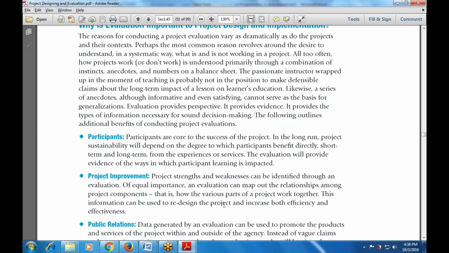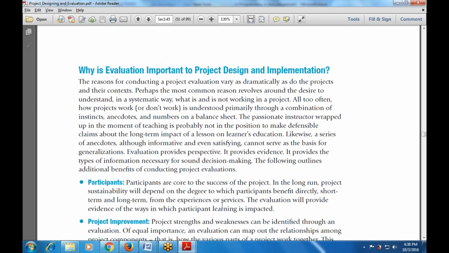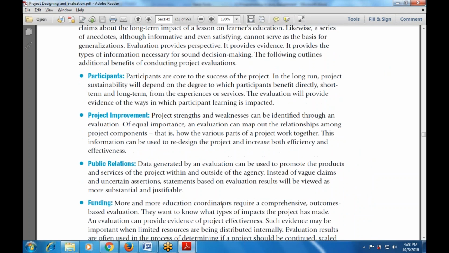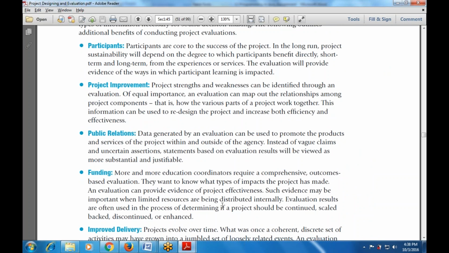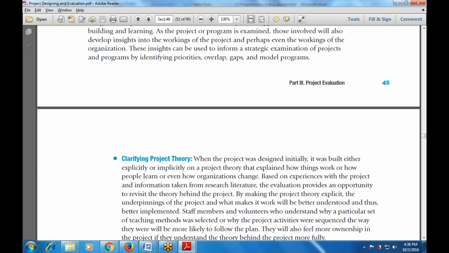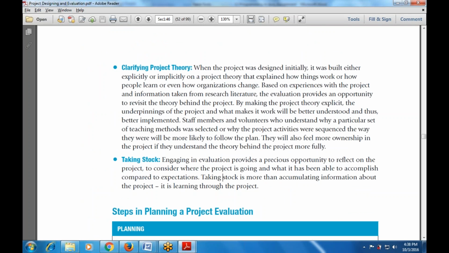So these are the various points on why evaluation is very important to the project design and the implementation. First is the participants, then project improvement, then public relations, then funding, then improved delivery, then capacity building, then clarifying the project theory and taking stock.